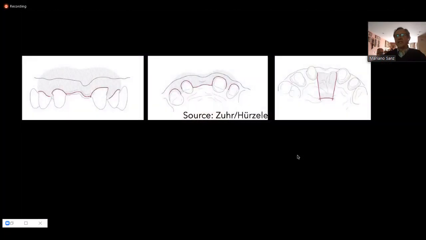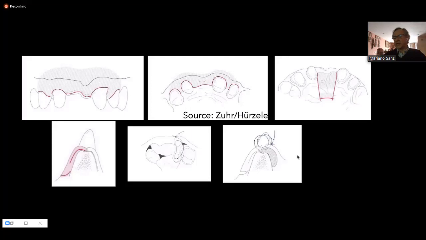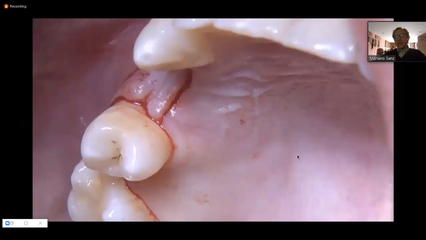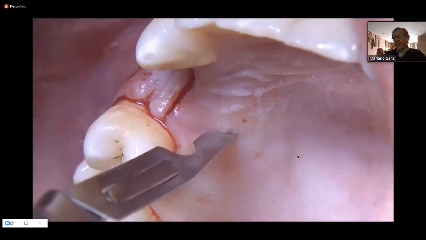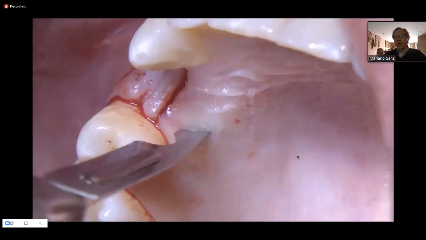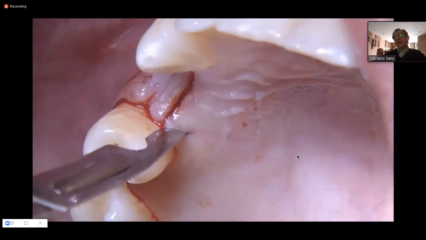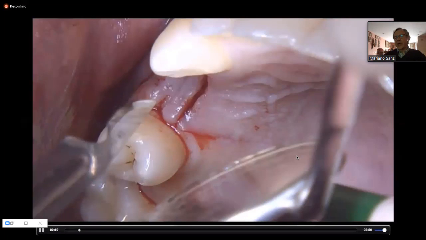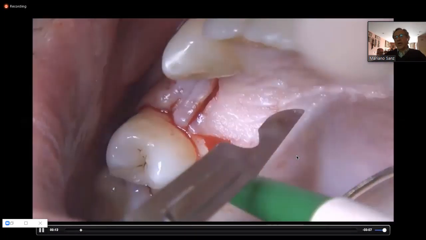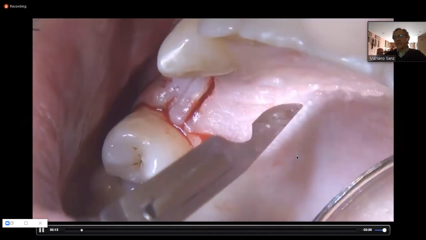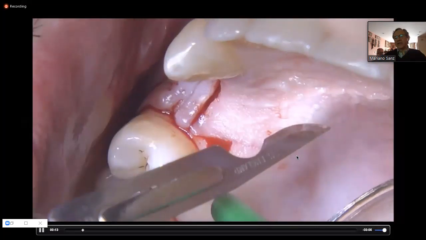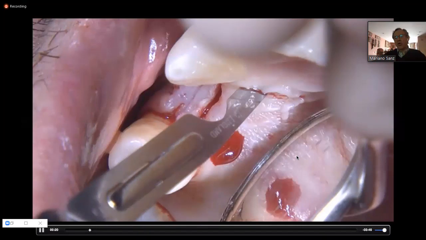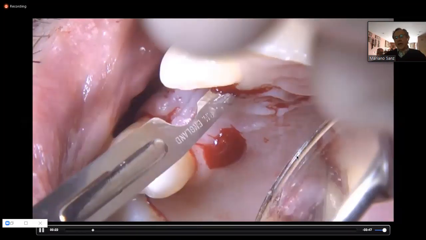For placing these, we have developed another surgical approach where basically what we want is to advance the palatal flap in such a way that we don't exert any lateral pressure on the matrix when we close. And in this situation, we can be sure that these volume stable matrices are able to maintain the amount of volume that we have developed.